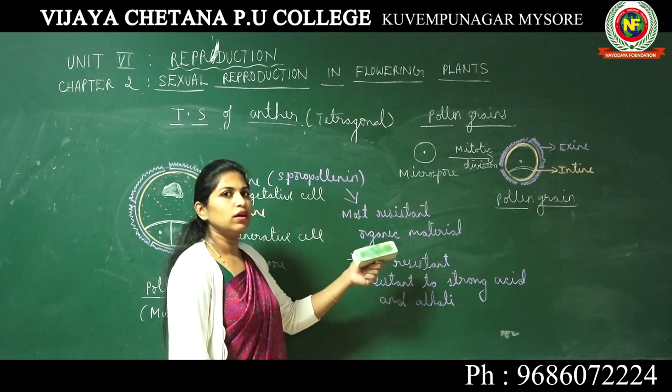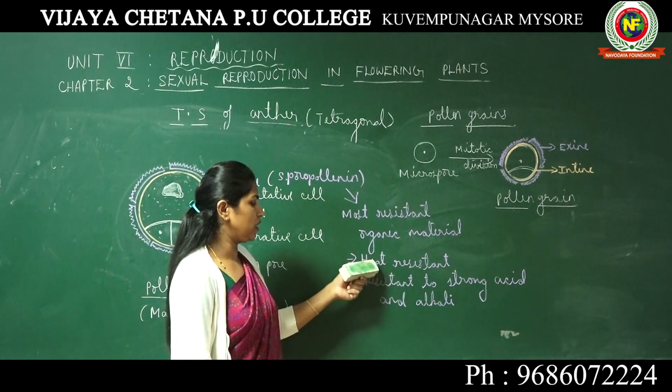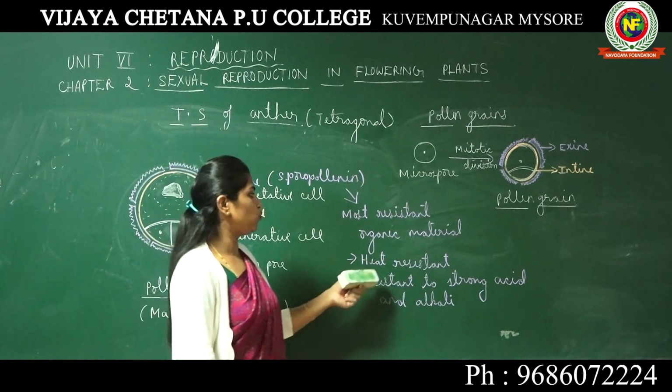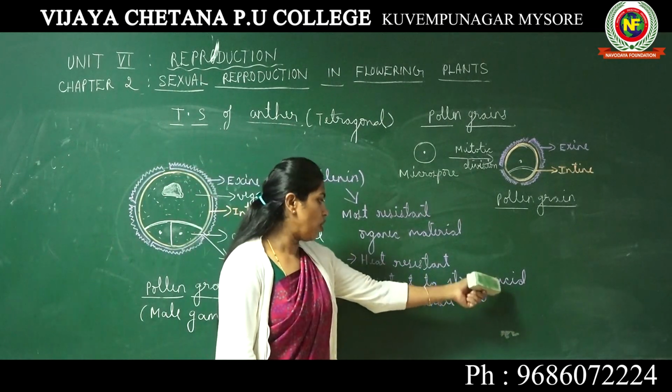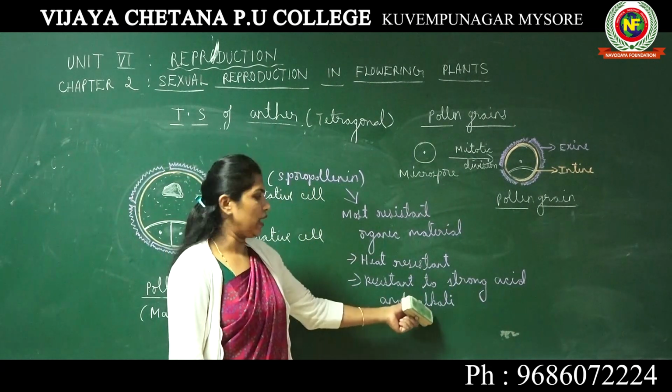It cannot be destroyed with the help of heat. Next, it is resistant to strong acid and also alkali. Sporopollenin is very much resistant to strong acid as well as alkali.